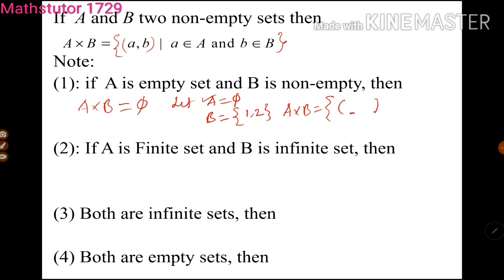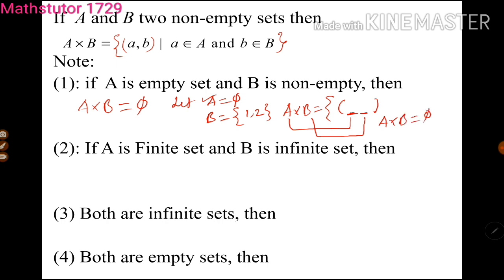This is the first component and the second component. The first component comes from the set A and the second component comes from the set B. But to fill the first component, there are no elements in A because A is the empty set. So how can we write the ordered pairs? We do not write the ordered pairs. So A cross B is equal to the empty set.